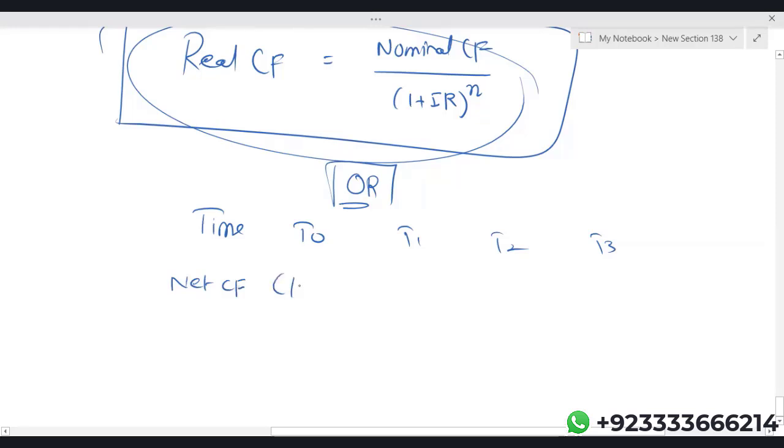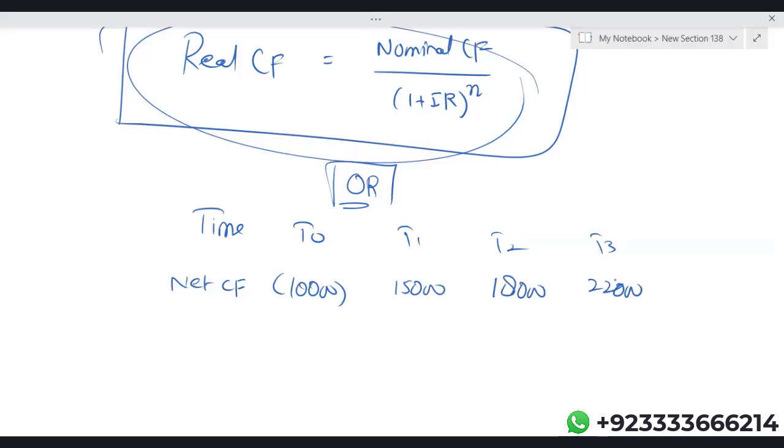Assuming at T0, the investment is $10,000. At T1, you have taken sales, variable cost, fixed cost, tax payment, tax saving from capital allowances. You have considered each and everything. Let's say it is 15,000. It is 18. It is 22. Now listen carefully. This is another presentation and equally acceptable.